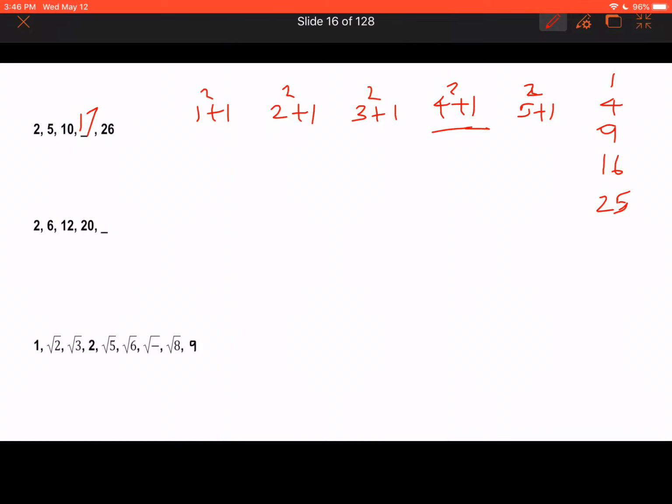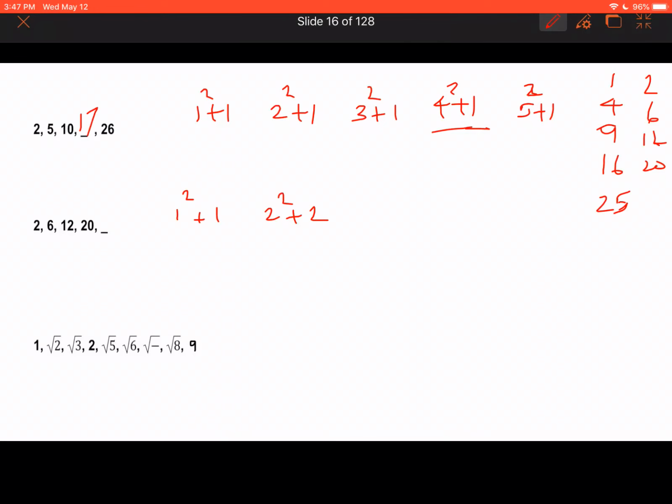2, 6, 12, 20. So just relate with it. So 2, 6, 12 and 20. So it is 1 square plus 1. 2 square plus 2.